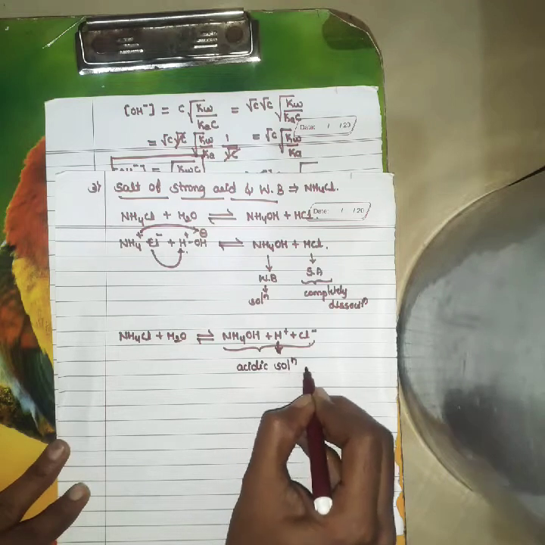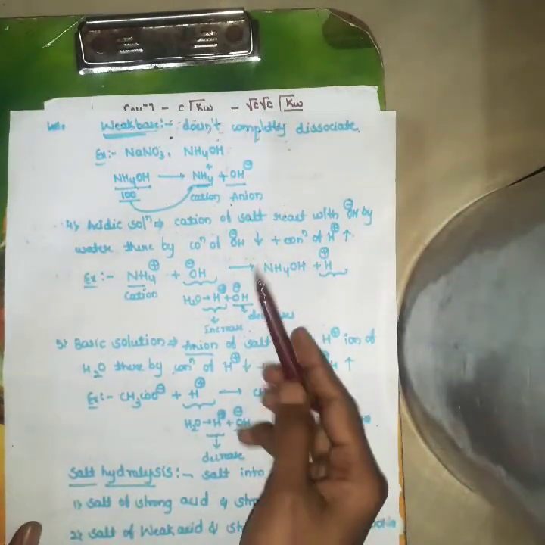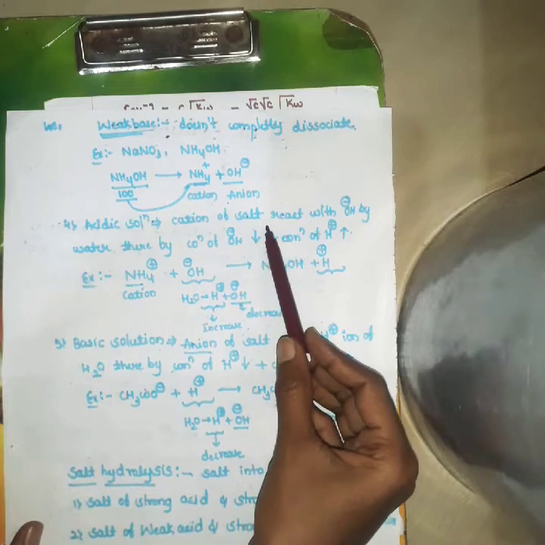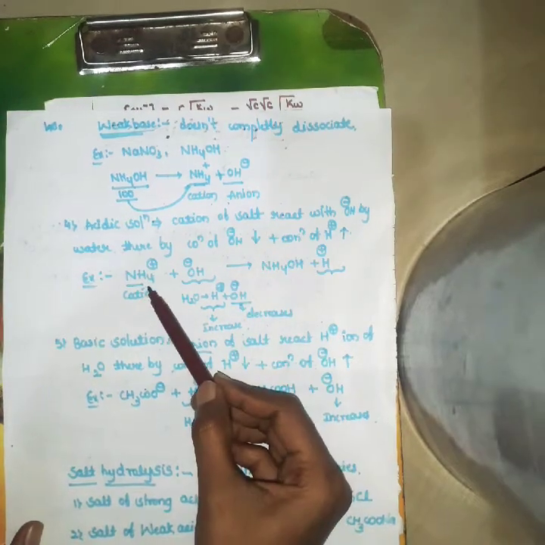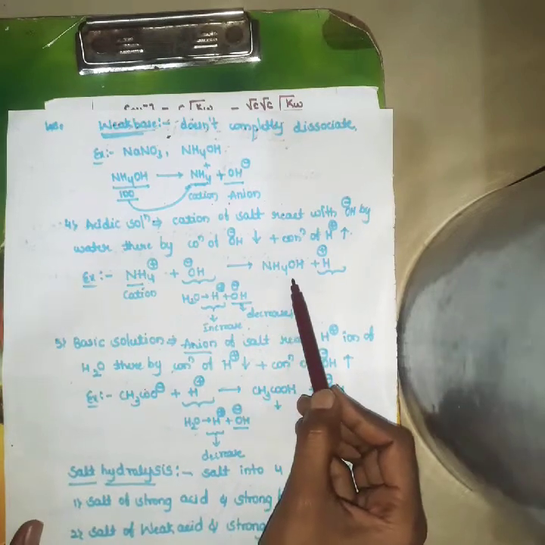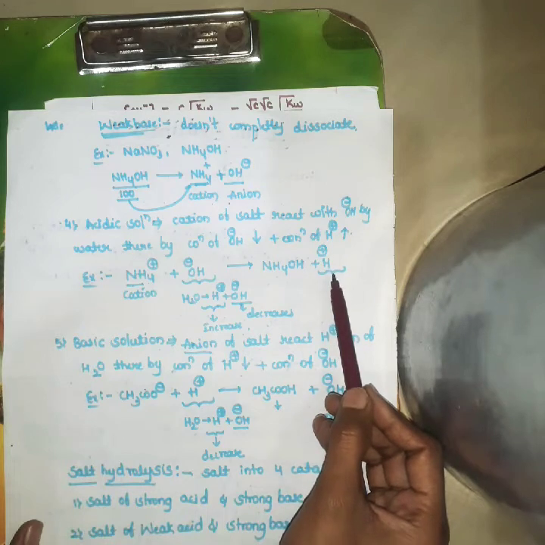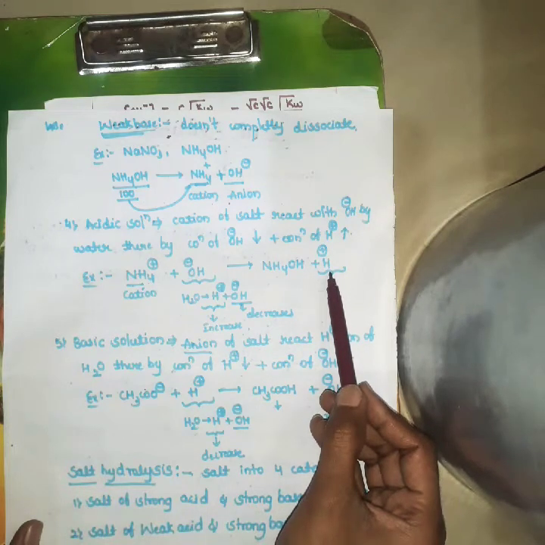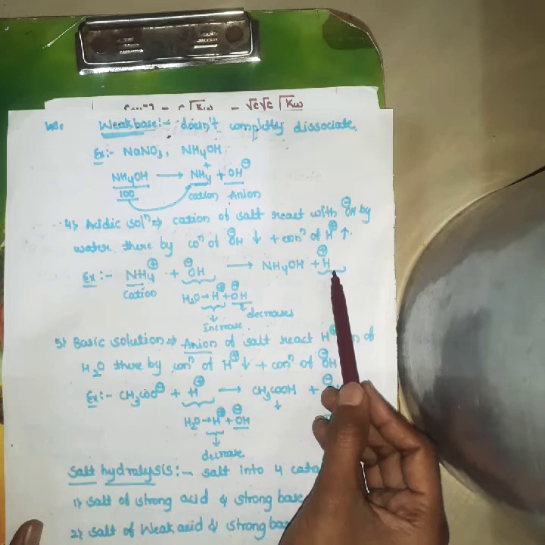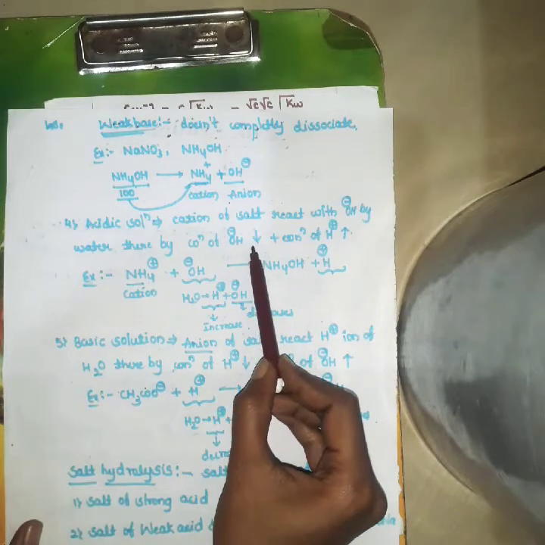In the first class, I explained what we mean by an acidic solution. See here, in acidic solution, the cation of the salt, NH4 plus, will react with OH minus of water and form NH4OH. But the HCl formed will undergo further dissociation to form H plus and Cl minus. Therefore there is a decrease in the concentration of OH minus.